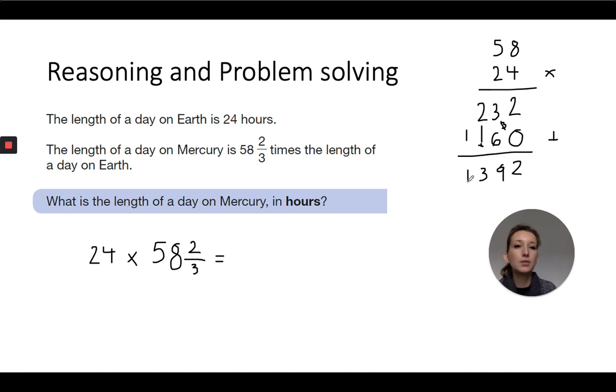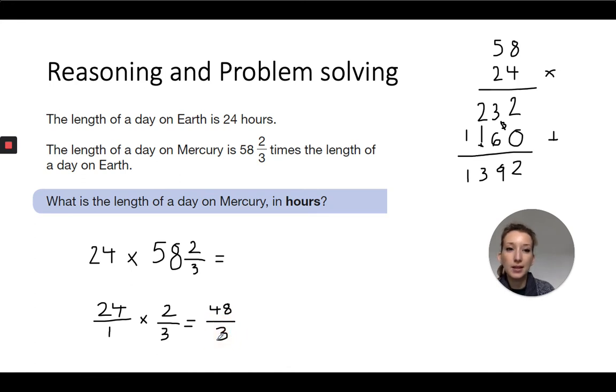Okay, so you've got 1,392, and then I'm going to do 24 over 1, because that's the same as 24 multiplied by 2/3, and that equals 48 over 3.